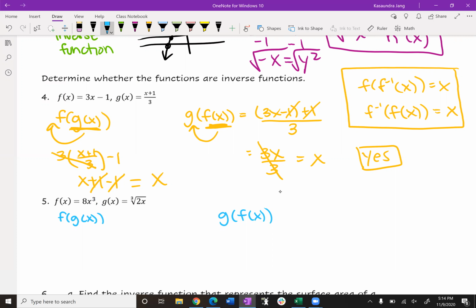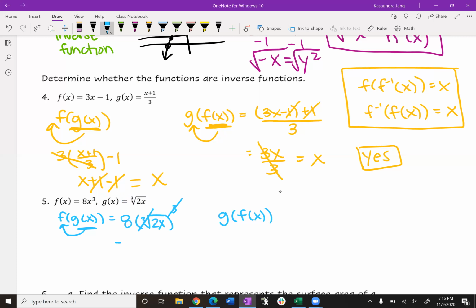I'm going to take my g of x function and sub it into the f function. So I'm going to take this whole g of x, the cube root of 2x, and put that into my f function. So this will be 8 times, instead of x cubed, I'm putting this whole function, the cube root of 2x, in for my x. To simplify, I've got a cube root and a cube exponent.